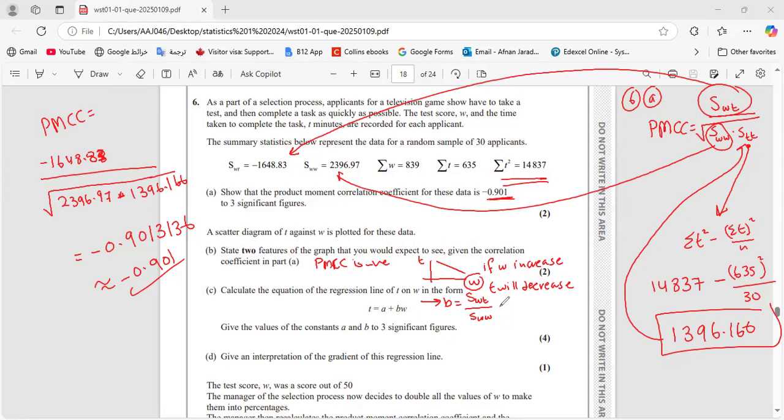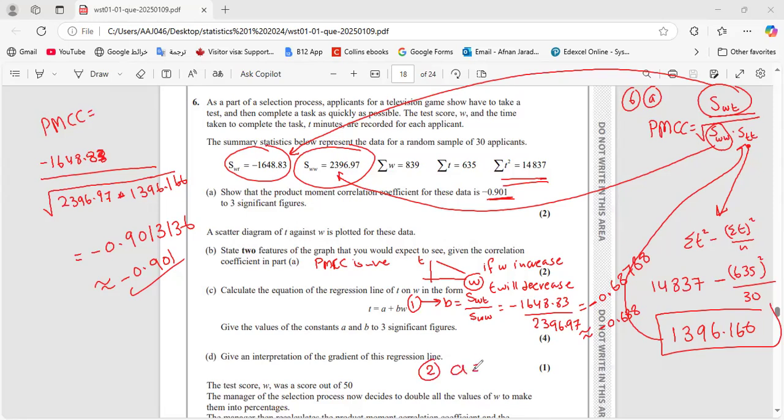That is negative 1648.83 divided by 2396.97. So B equals negative 0.68788, which is about negative 0.688. The second step, after finding B, is to find A.